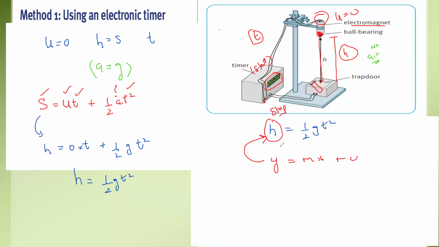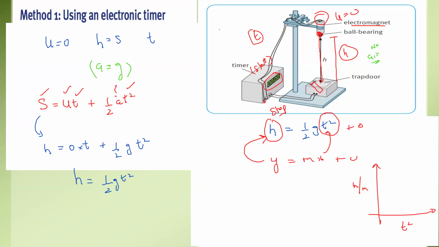On the y-axis I plot the height, and on the x-axis I plot t², because we are measuring the height and the time. There is no y-intercept because nothing is added here, so the y-intercept is 0.